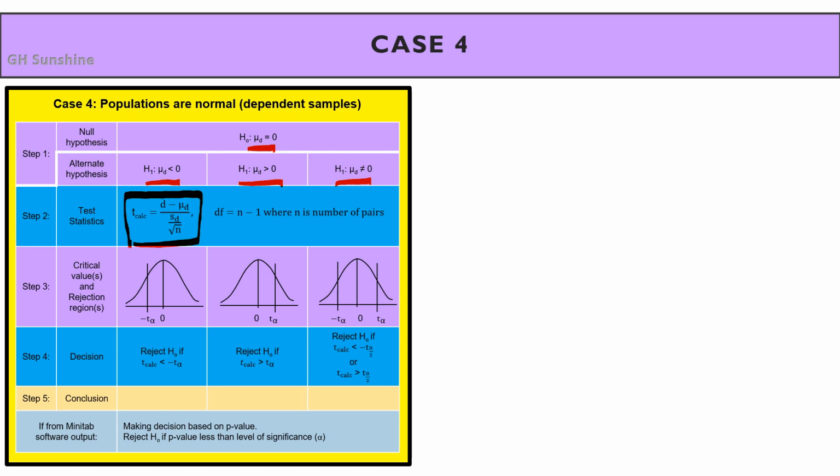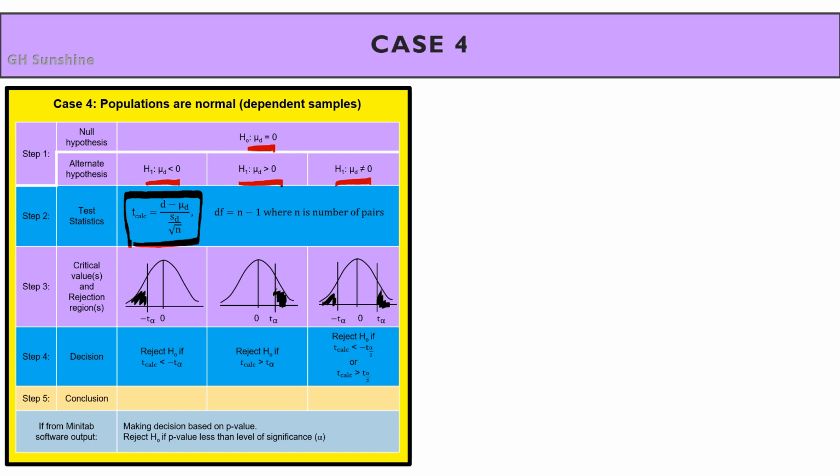So step number 3, calculate T calculation. We will use the T table to find the critical values and also to draw the rejection region. First one, left tail test. Second one is right tail test. And last one, two tail test.